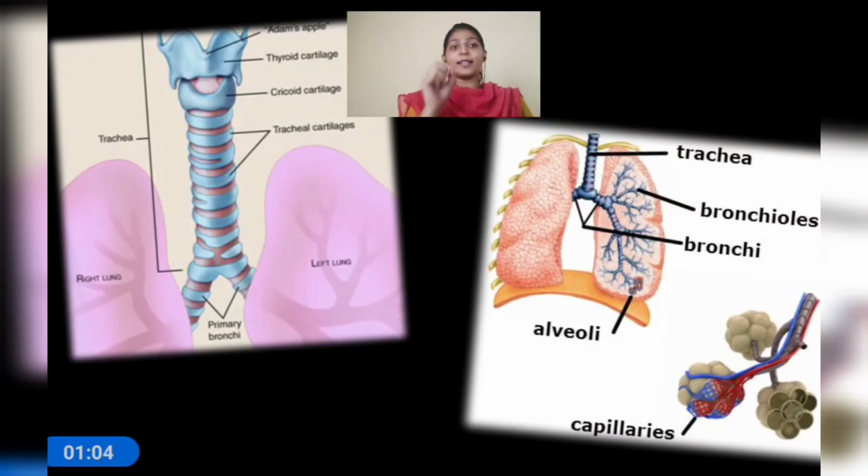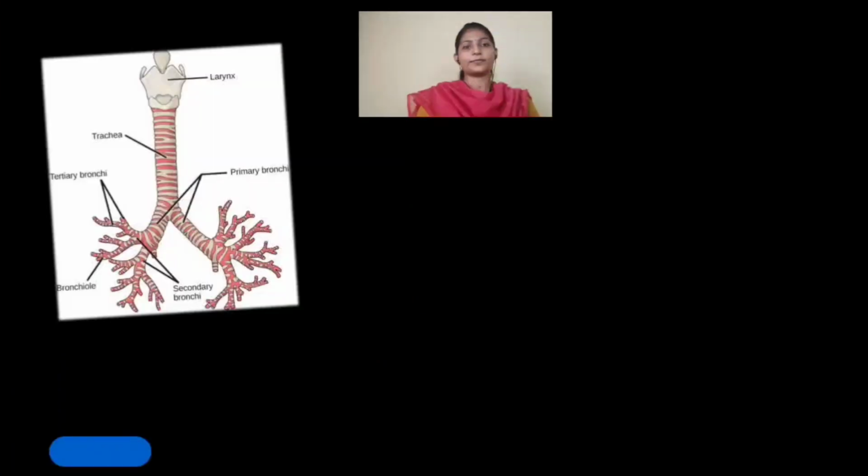And these alveolar sacs or alveoli are supported by numerous blood capillaries. And the actual site of the gaseous exchange, that is the exchange of oxygen and carbon dioxide, takes place in the alveoli. This picture gives you a clear idea about the branching pattern of the trachea.